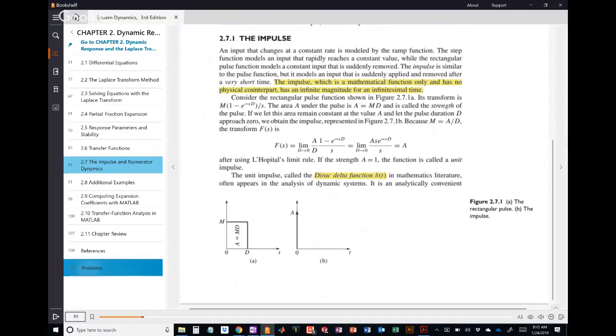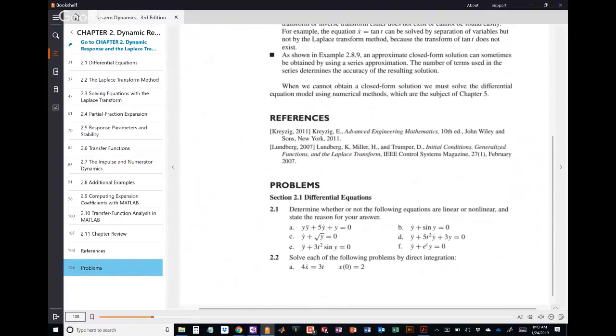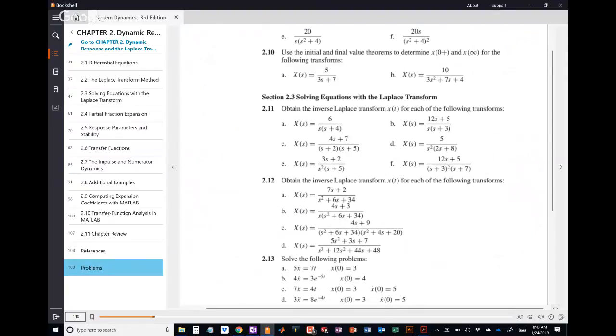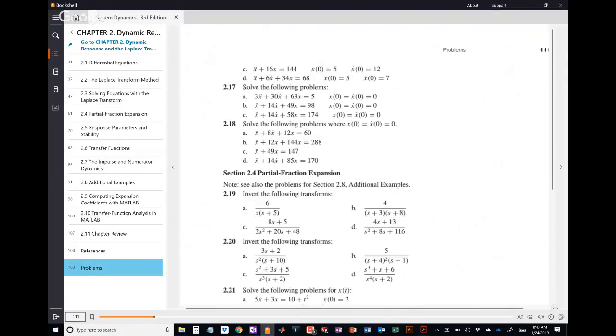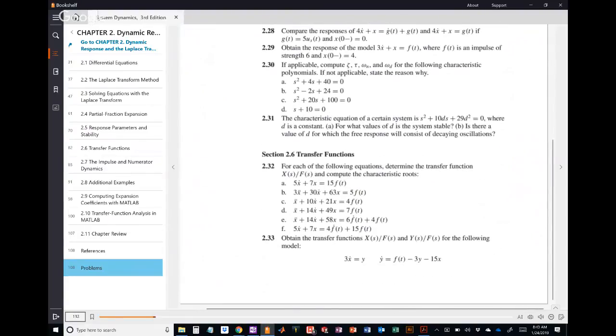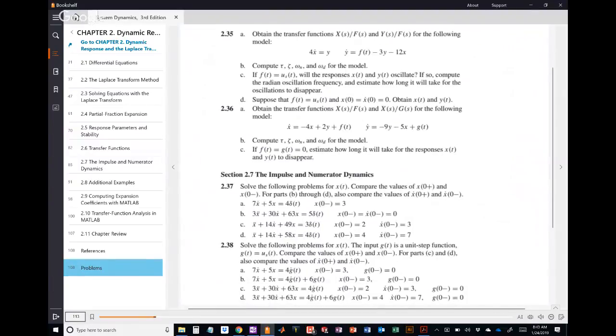However, if you want to practice some of those problems, there's a lot of good practice stuff here in chapter 2. There's some transfer function practice here. There's some impulse.